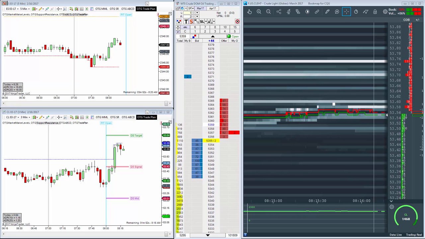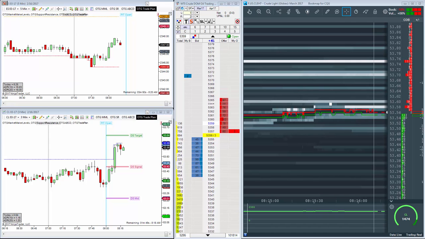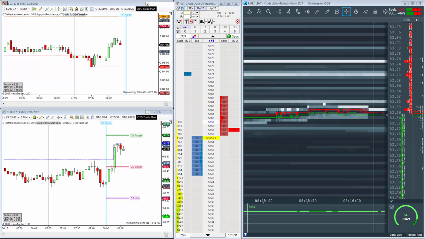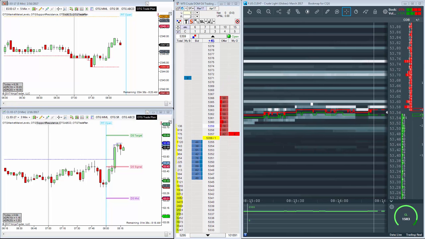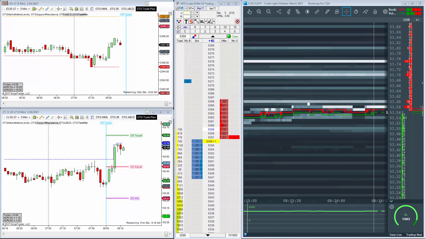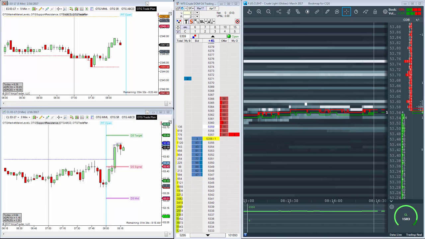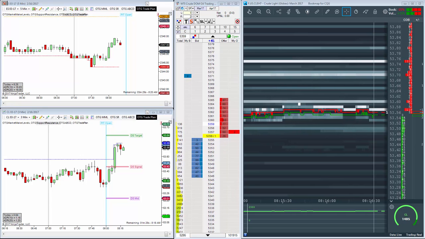There's 57, hit but no fill for the third time. And now you have 218 short at 57. There's hit but no fill a fourth time at 57. Unbelievable.